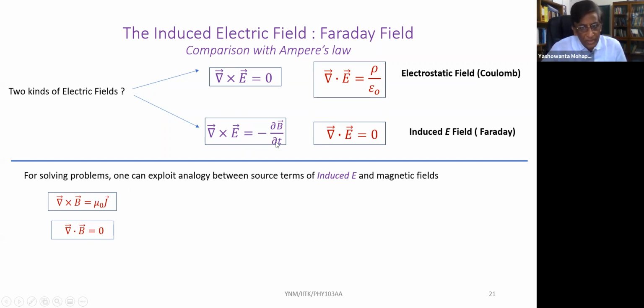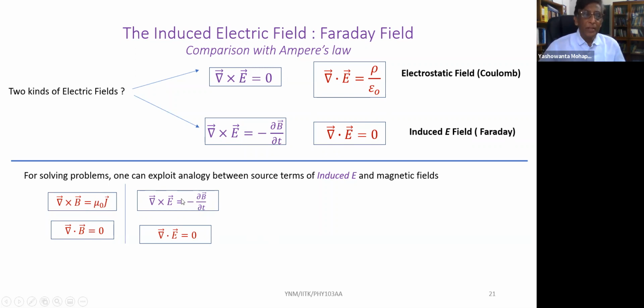On this side, we saw del cross E is minus del B by del T, and there is no source charge, so del dot E is equal to 0. So it's formally similar, except that mu naught J acts as the source term here, and minus del B by del T acts as the source term in Faraday's law. Hence all the tricks of the trade that I could use to solve these problems, I should be able to do that.